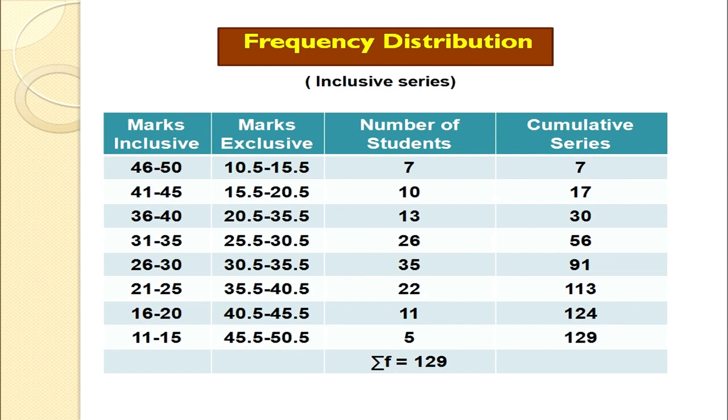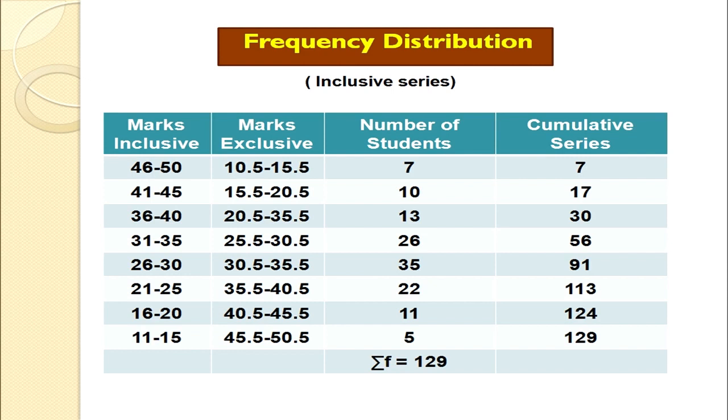Very first, as you can see from the last class interval, we are going to see, because we have to arrange in ascending order, that is 11 to 15. This will be our first class now, because we are arranging the data in ascending order. So, the lower limit is 11, the upper limit is 15. The next would be 16 to 20. The gap between the two limits is 1. 1 divided by 2 comes 0.5.